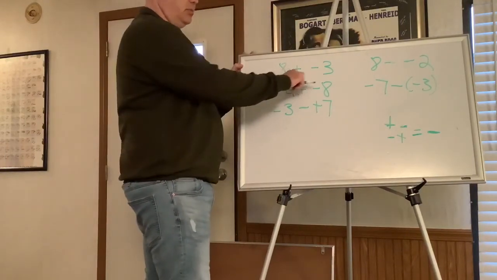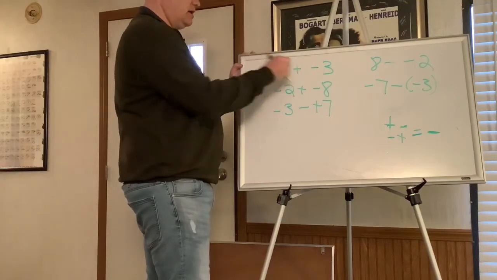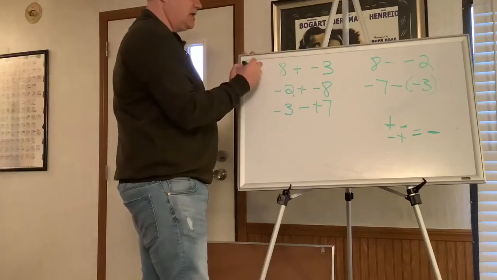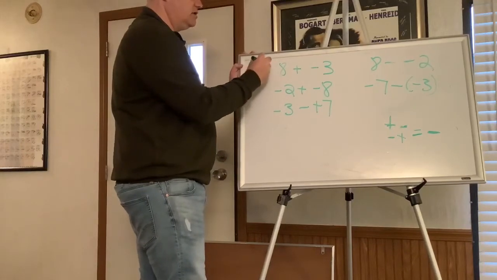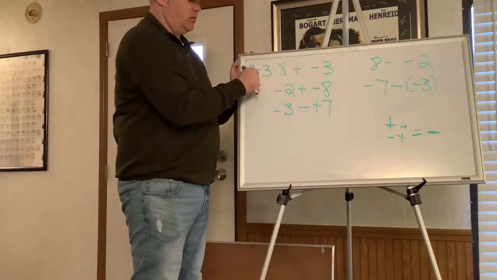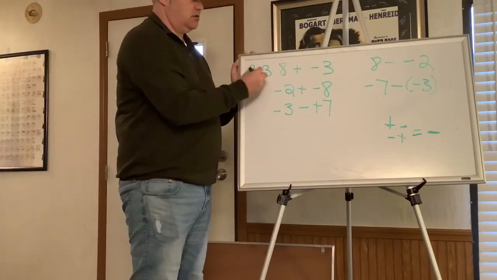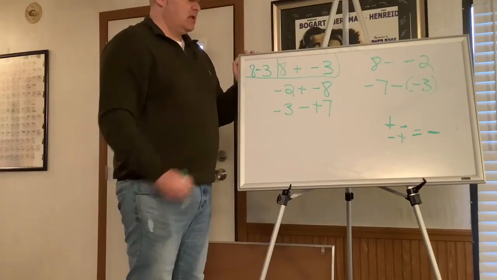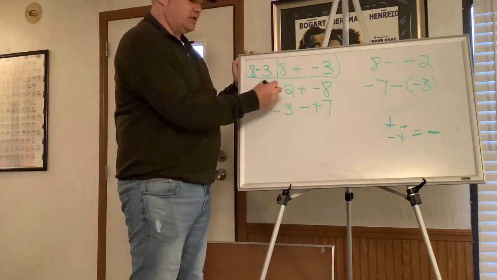So in this example, plus minus, it's because they're one of each, not one of the same. One's a positive, one's a negative. You're going to turn this double sign into one subtraction sign, so this one becomes 8 minus 3. This one, you're not changing this sign.